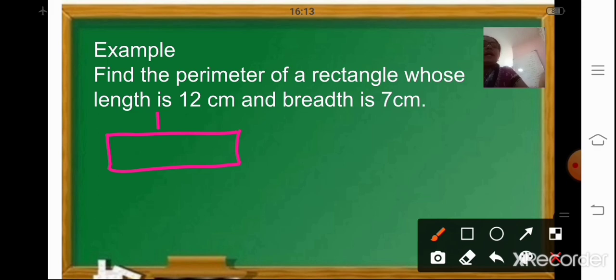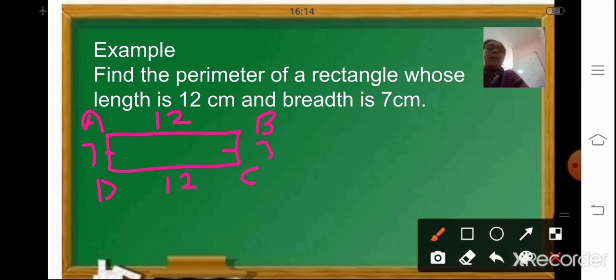If I take this side as 12 centimeter, this also will be 12, and let me name it A, B, C and D. And if the breadth is 7 centimeter, this also will be 7 centimeter. You can take the length as either side, anyways you can take.